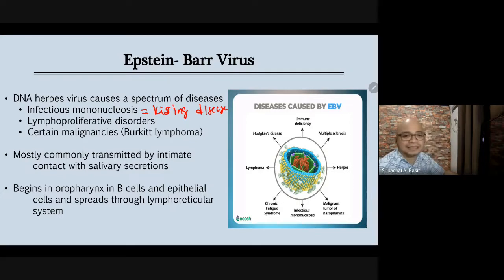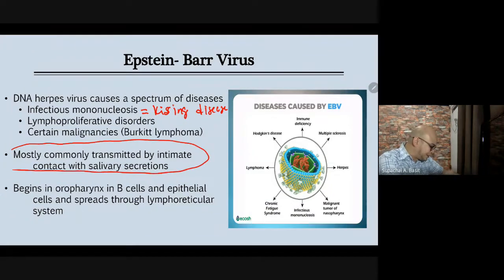Why kissing disease? Because this one is common among teenage men or women who have multiple kissing partners. It is called kissing disease because it is most commonly transmitted by intimate contact with salivary secretions.